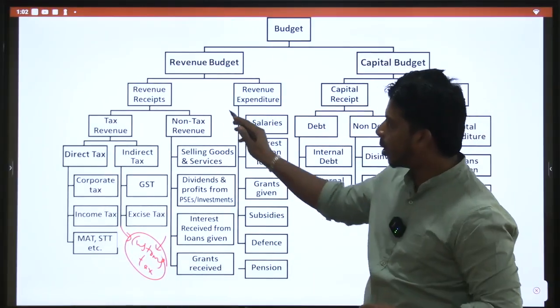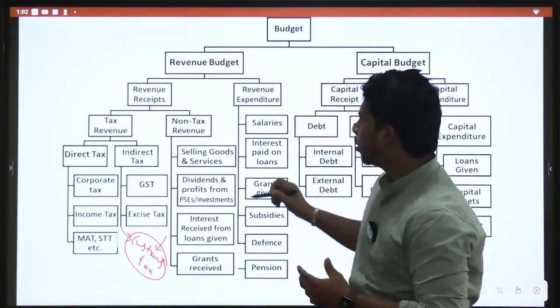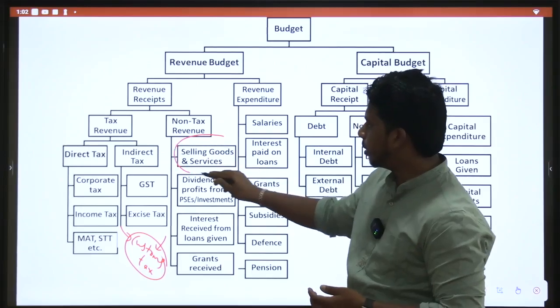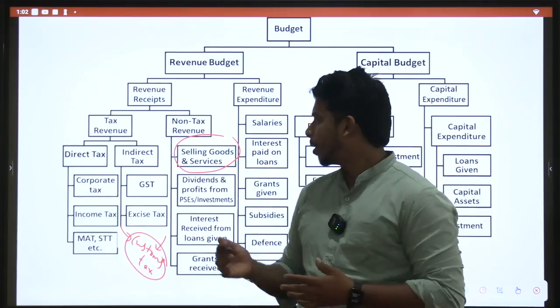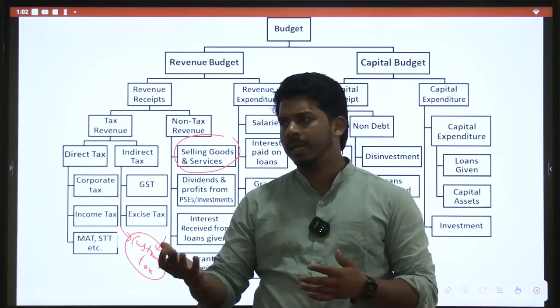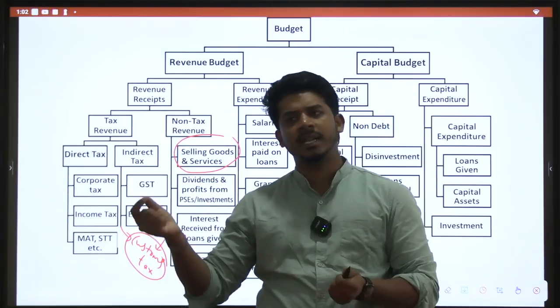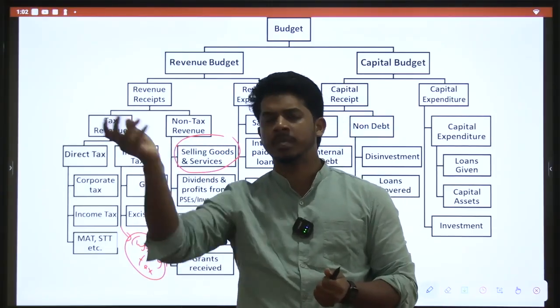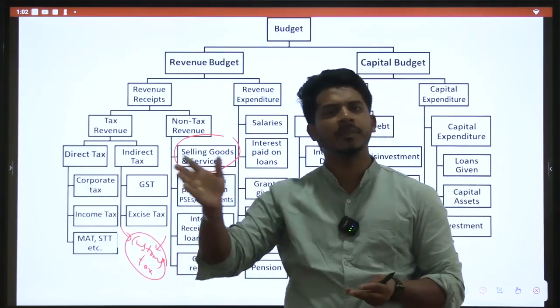Okay, now come to non-tax revenues. So non-tax receipts. Government can continuously sell some services or goods, regular things, like let's say some land transactions. For every land transaction, you are supposed to pay this much to the government, stamp duties, etc. Some things are given to the state, some things are given to the center.